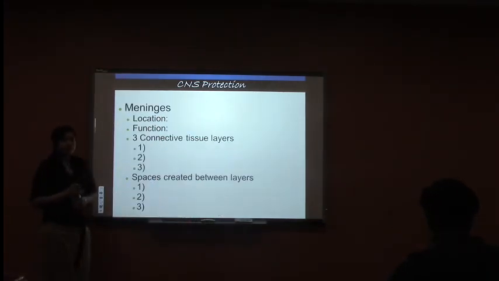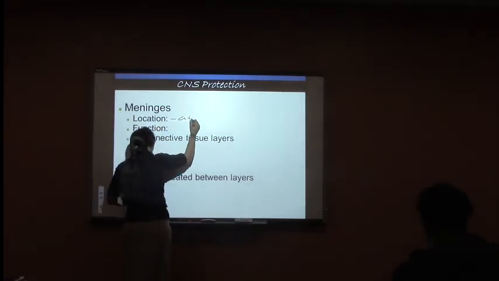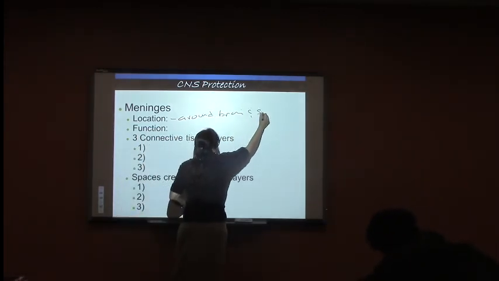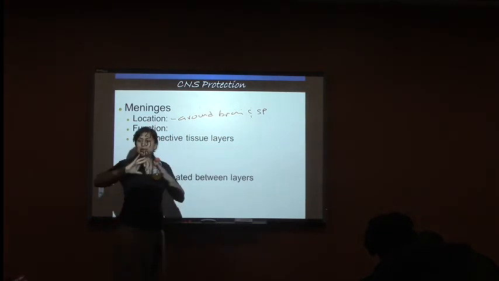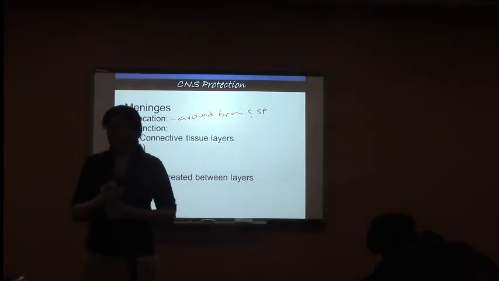Now we're going to talk about meninges, and I think this is the last section. Meninges. Location: around the brain and spinal cord. So the meninges basically wrap or enclose the brain and the spinal cord.